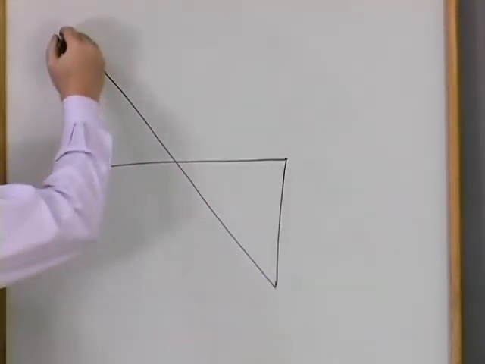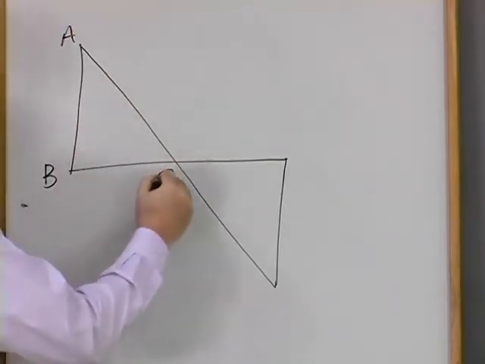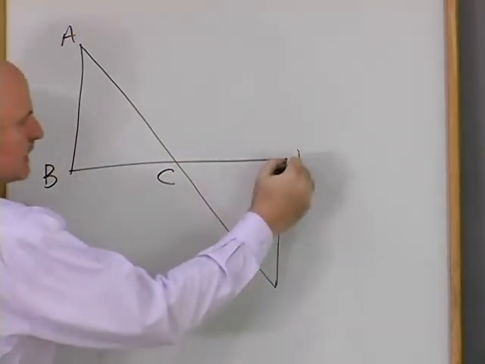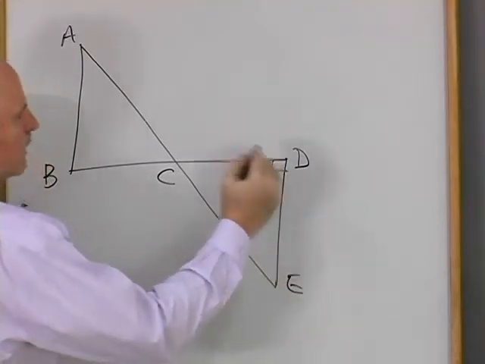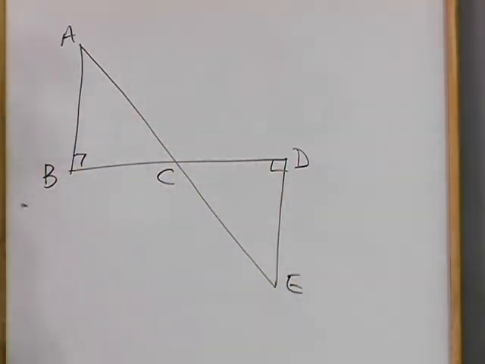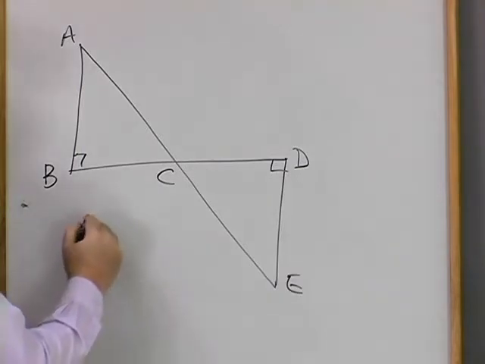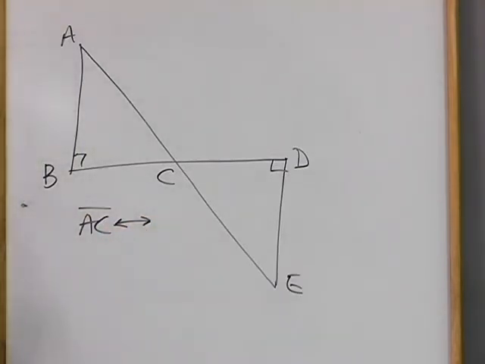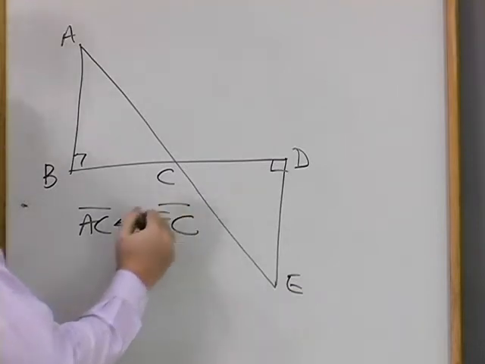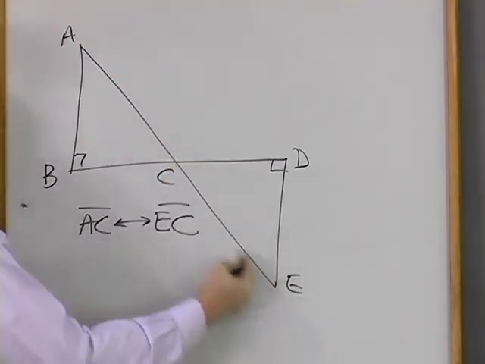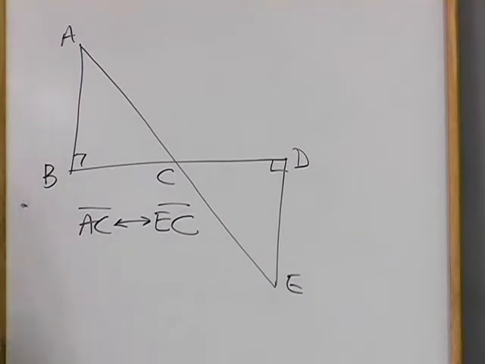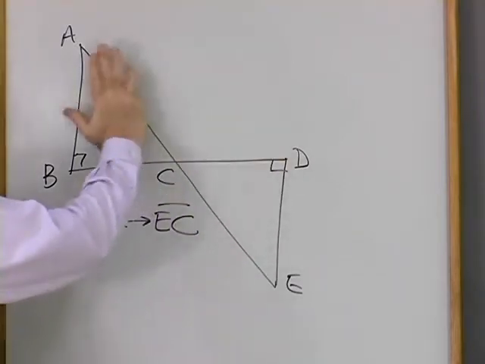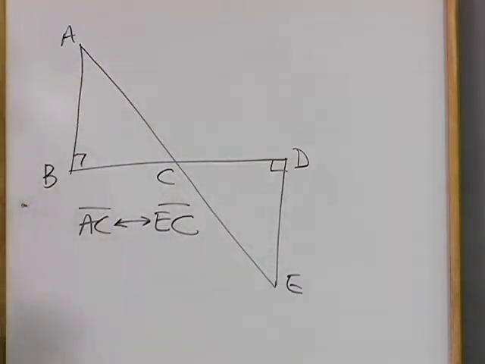So if this was A, B, C, and this is D and E, and we're going to make these right triangles, AC corresponds to what? EC. Out to the center, out to the center, correct? Because if you were to take this and flip it up, you'd have to do like that.